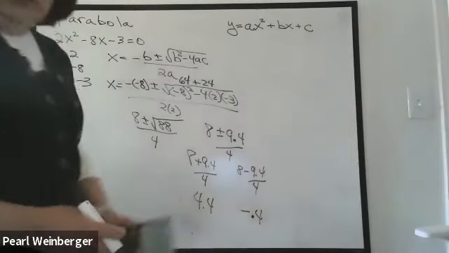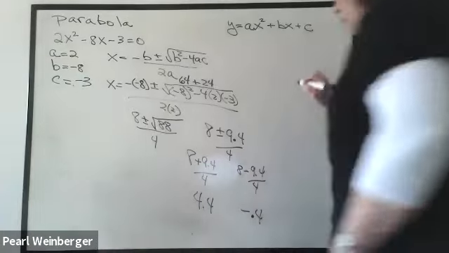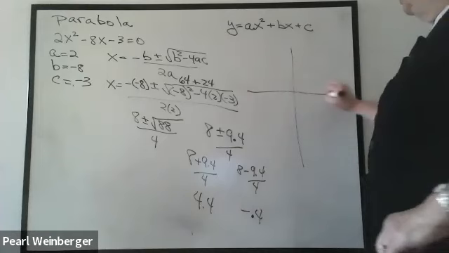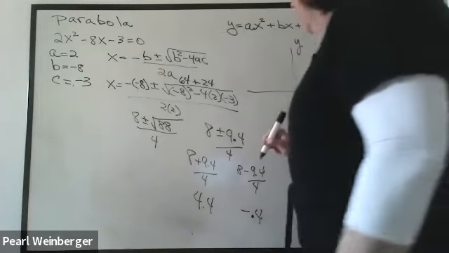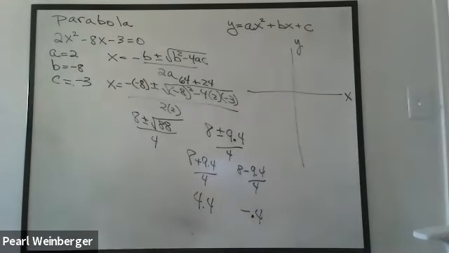Now, of course, I erased what I had before. I want to show you how this would have helped in graphing this example. We had before that the vertex was the point (2, -11).